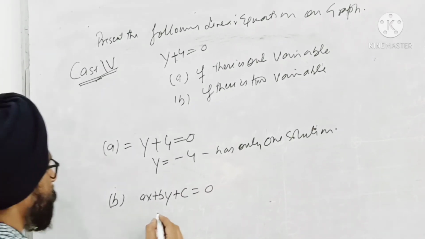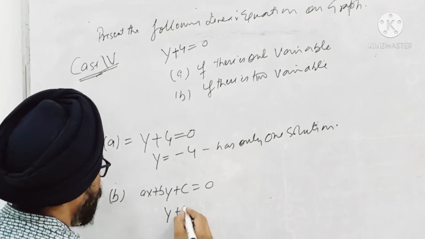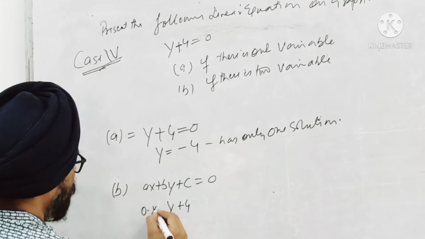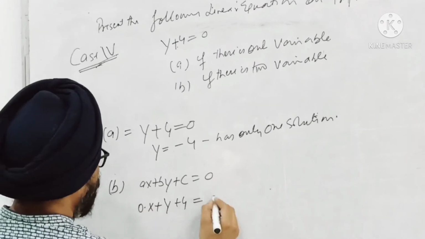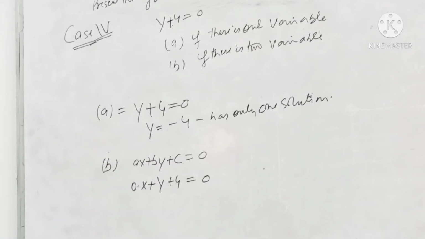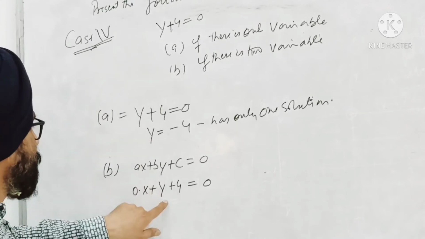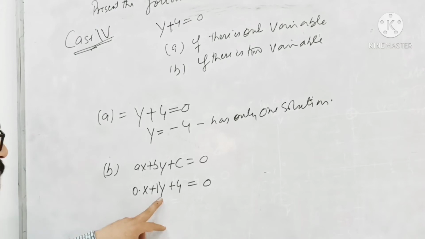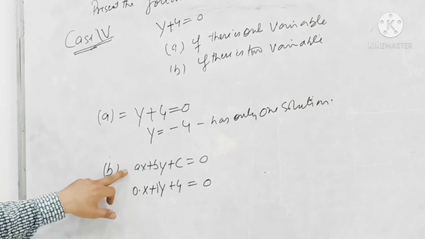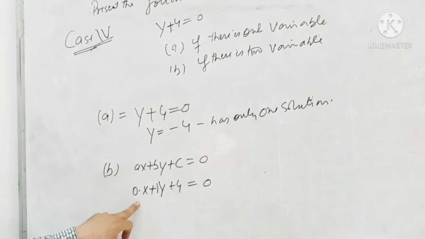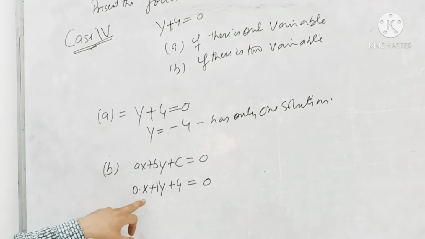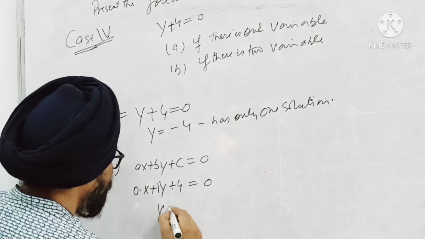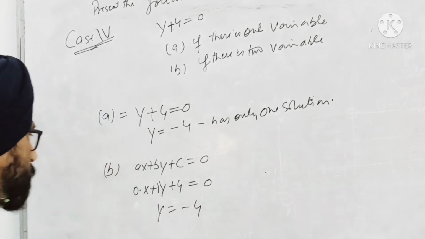Here y plus 4: a is not given, so we multiply x by 0. Y is given, but the coefficient of y is not given, so understood the coefficient of y is 1. The value of a is not given, we will take 0. Here 0x plus y plus 4 is equal to 0, so y is equal to minus 4.